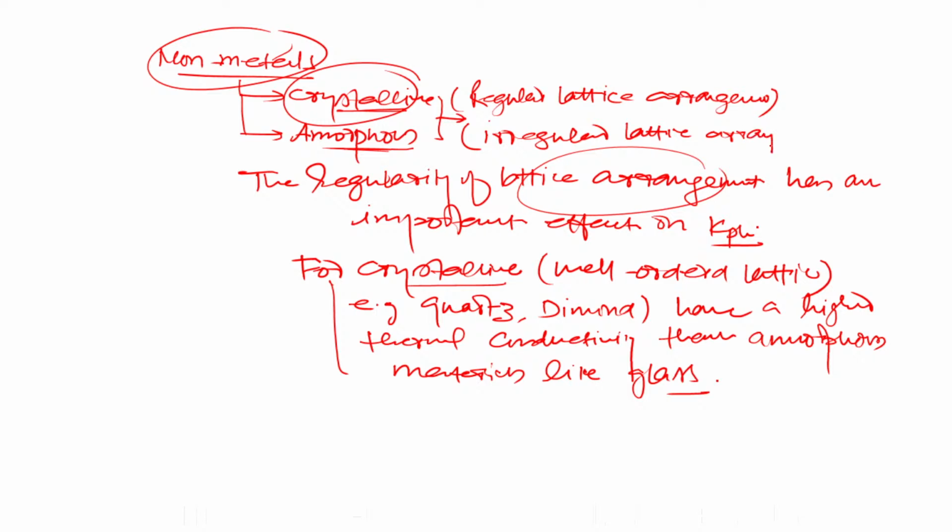Now one thing is clear, at a given temperature, the K of crystalline is more than K of amorphous. Both are non-metals. And the effect of lattice arrangement is such that sometimes the K of crystalline solids just like diamond and beryllium oxide is more than that of most of the metals as well. Clear to you?